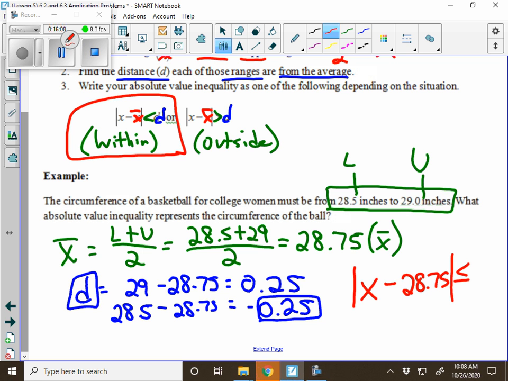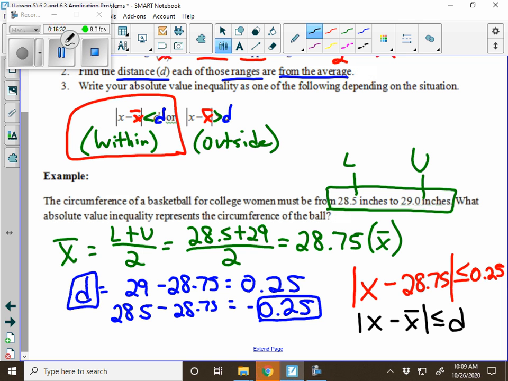It's got to be within that tolerance of 0.25. So it's tolerant within a quarter of an inch. That's your final answer: X minus X average within that distance.